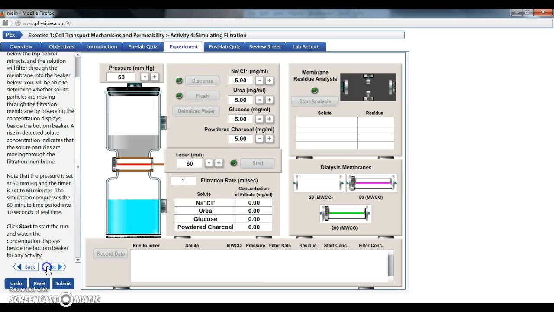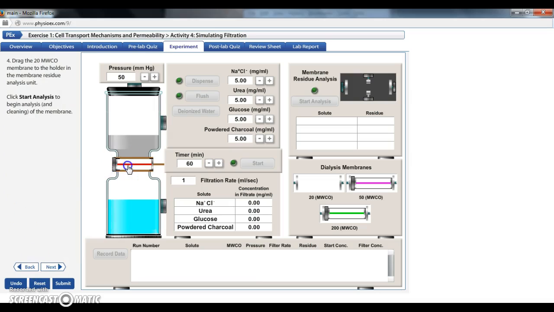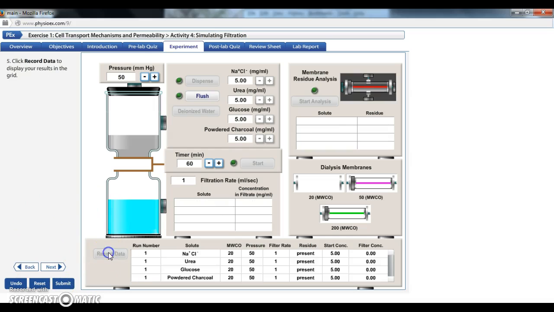Next we bring this over here, start analysis, next, record data. Then we want to go over and record this into the data table.